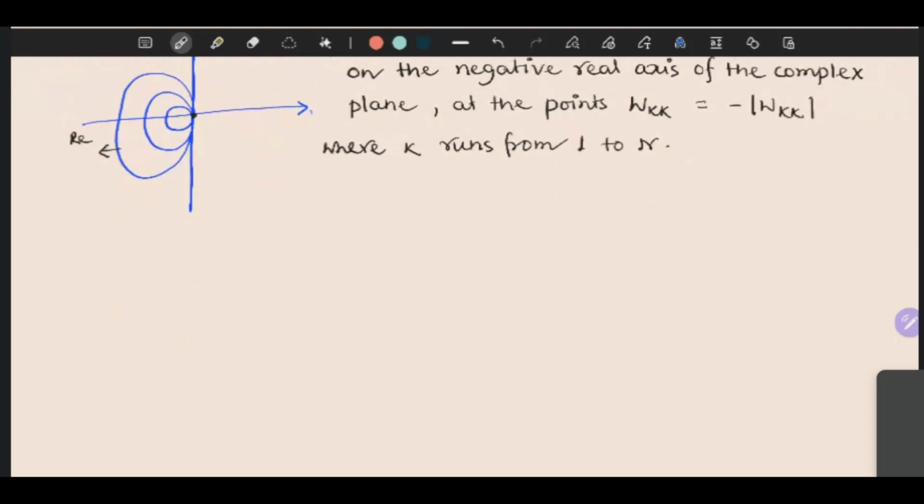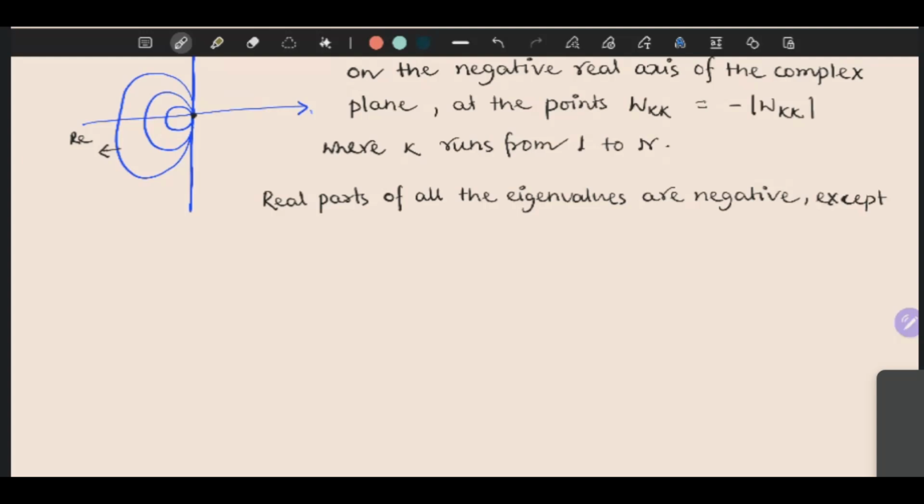So hence, all the real parts of all the eigenvalues are negative except for the value 0.